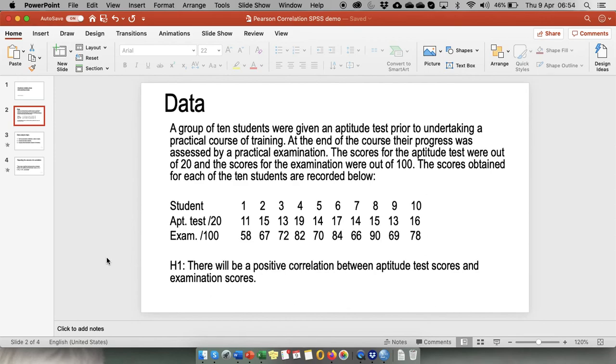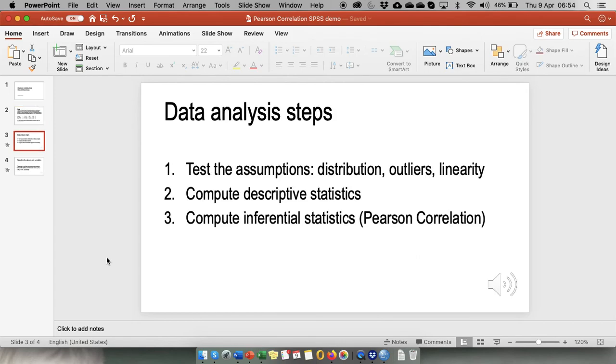If you want to follow the video demonstration with a data file, you need to create a data file in SPSS using this data. The steps of the analysis that we will take: firstly, we will test the assumptions. We will look at the distribution of the variables, screen for outliers, and examine the linearity.